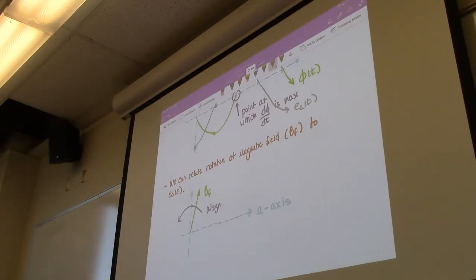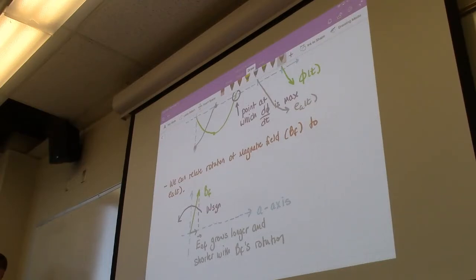Now, the length of EAF grows longer and shorter with the direction of BF.